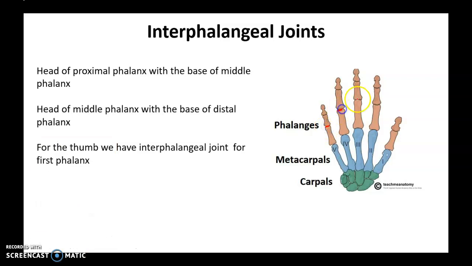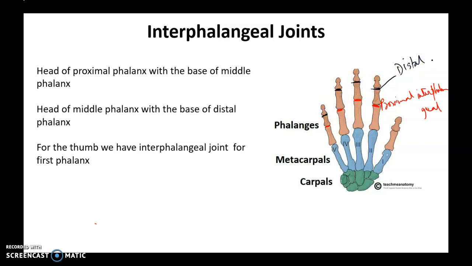These are these joints right here. These are proximal interphalangeal joints, meaning they are closer, and then these would be the distal interphalangeal joints.